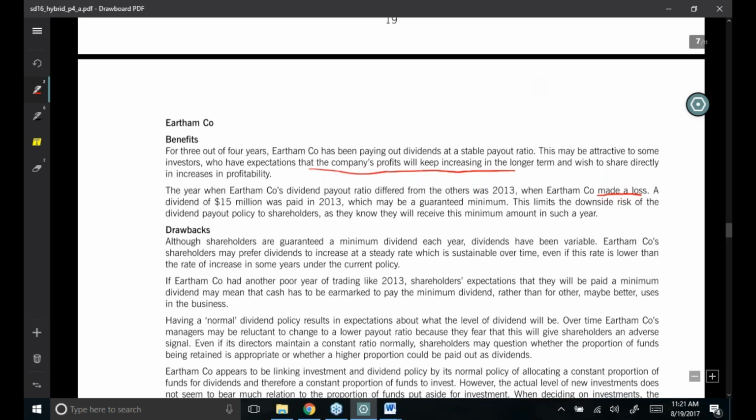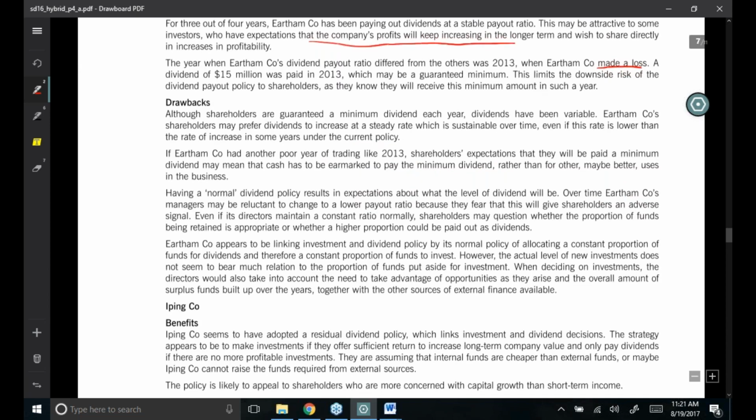Although shareholders are guaranteed a minimum dividend each year, dividends have been variable, and because of the variation in dividends, some shareholders might not like this policy, because shareholders want a steady increase in the growth of dividends. If the company had another poor year like 2013, shareholders would have an expectation of at least a 15 million dividend, because in 2013 the company paid 15 million even though it had not earned anything.